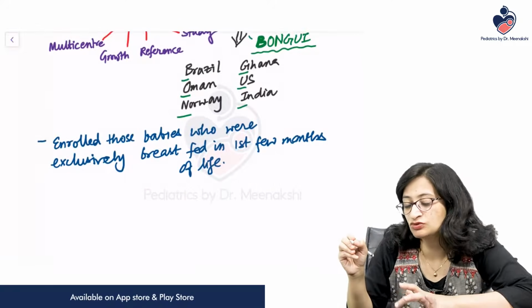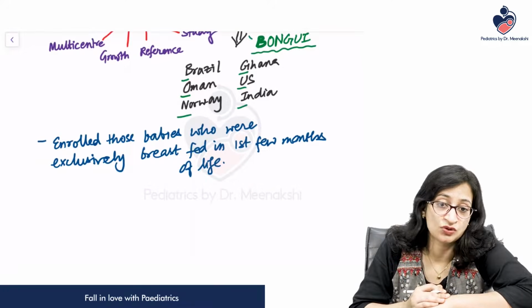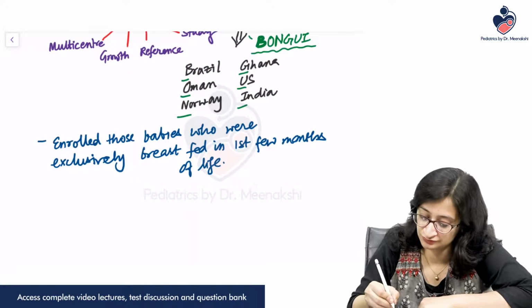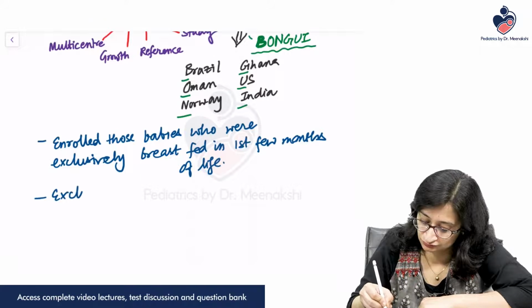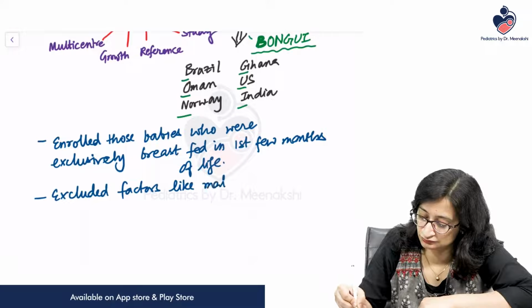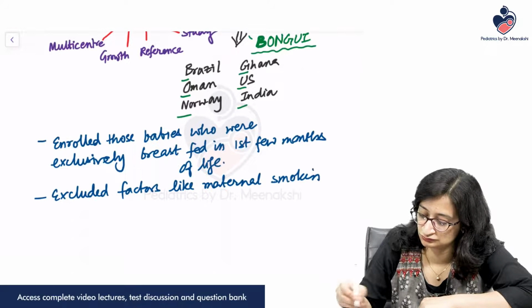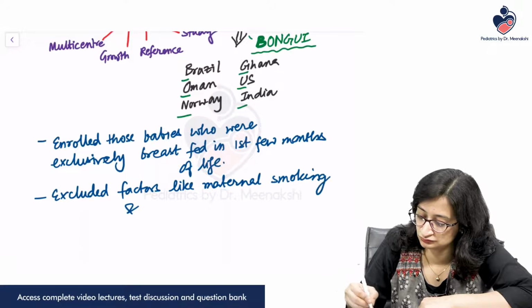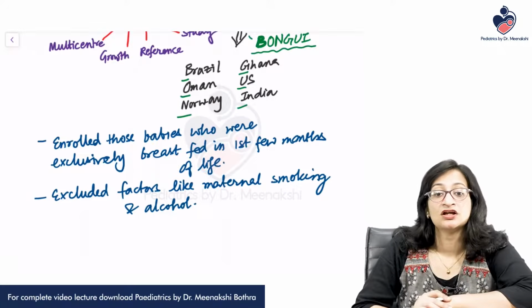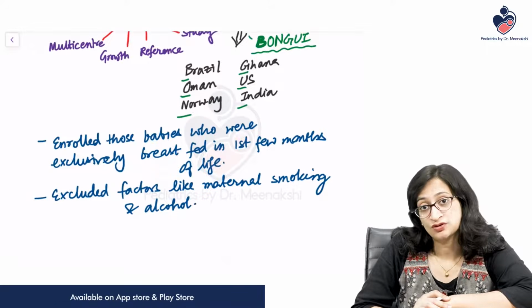And they also excluded factors like maternal smoking, maternal alcohol intake, which can interfere with the growth of the baby. Okay. So that makes the WHO growth chart so important.